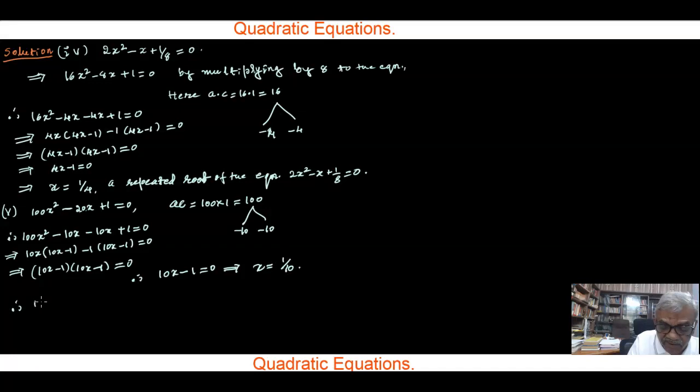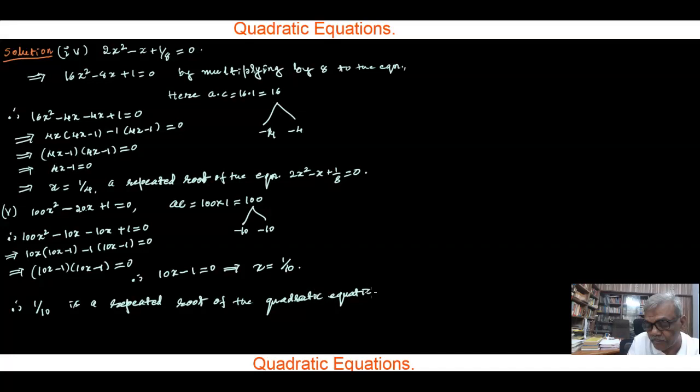Therefore 1 by 10 is a repeated root of the quadratic equation 100x square minus 20x plus 1 equal to 0.